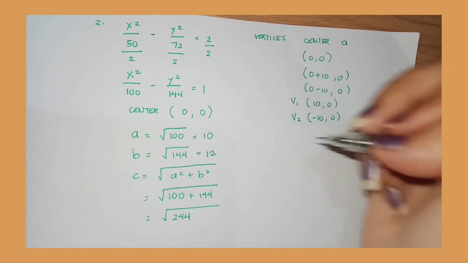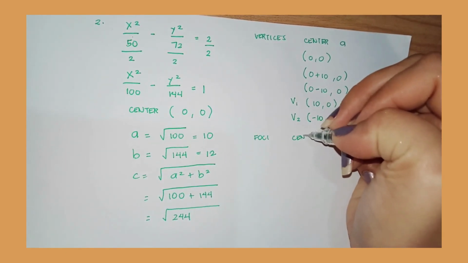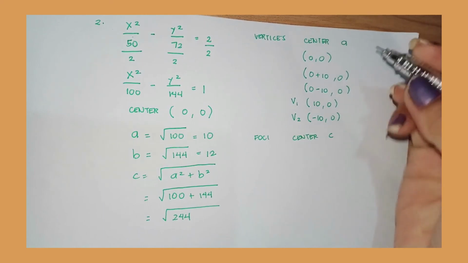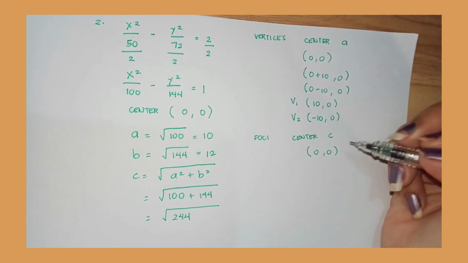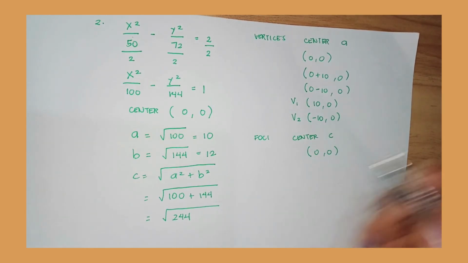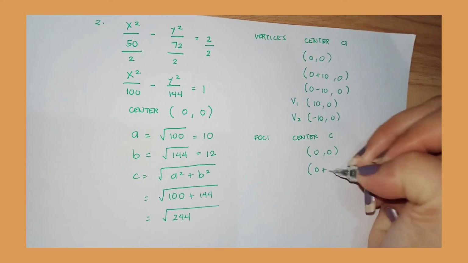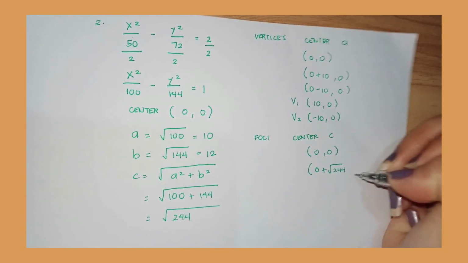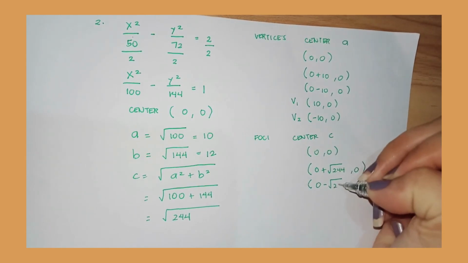Hanapin naman natin ang ating foci. Foci, ang gagamitin natin ay center and C. Center natin is 0 and 0. So, mag-add and subtract tayo ng C, which is square root of 244. So, this is 0 plus square root of 244. Copy 0. And 0 minus square root of 244.